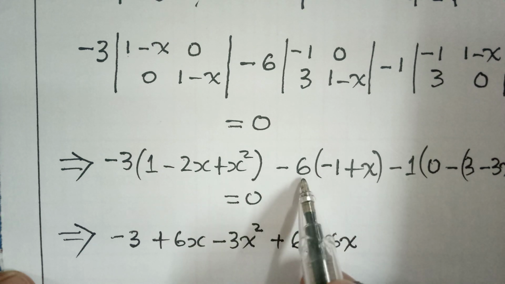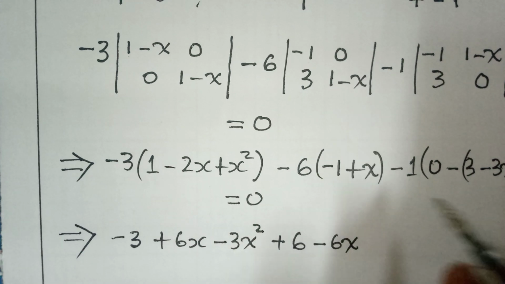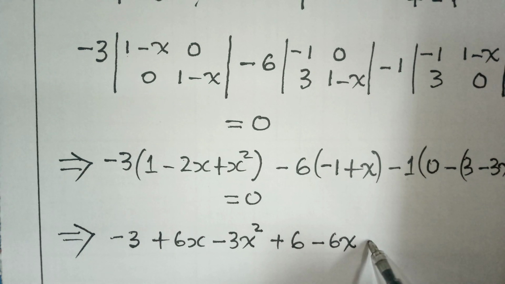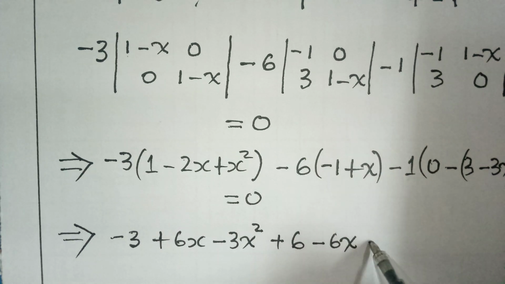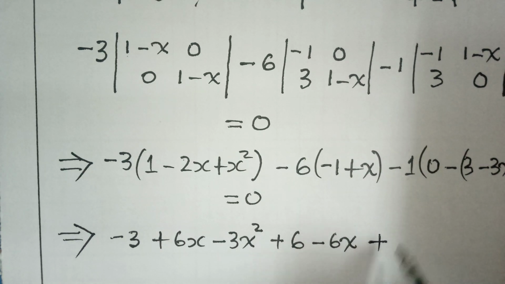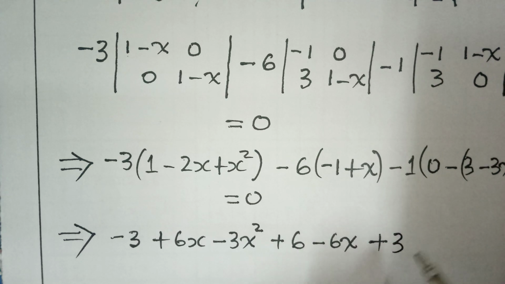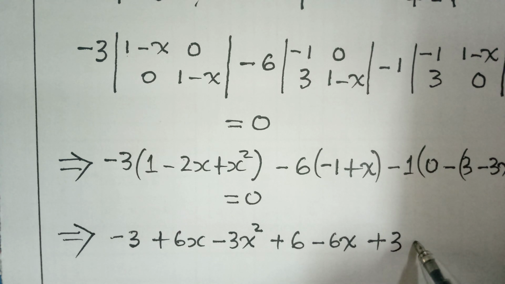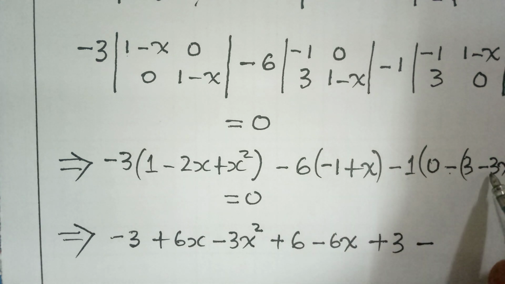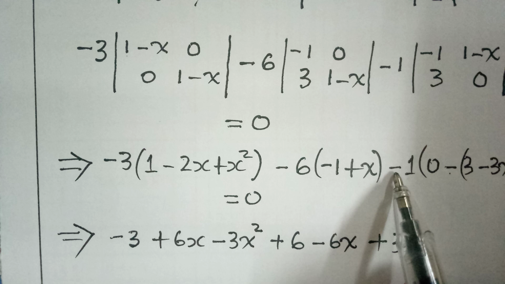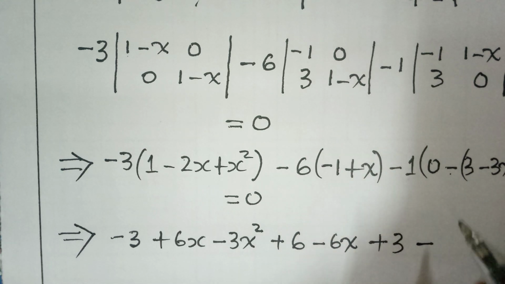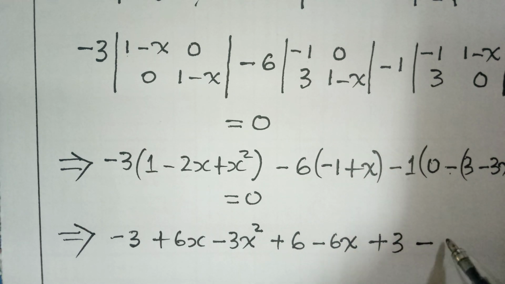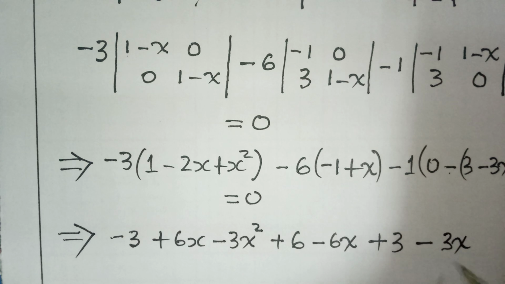That is when you multiply that and that. Then you multiply -1 multiplied by that, you get plus 3. Then you have, guys, you get minus, because this minus and minus will be plus. When you multiply by a minus, you get minus. So this is going to be minus 3x. This is equals to 0.